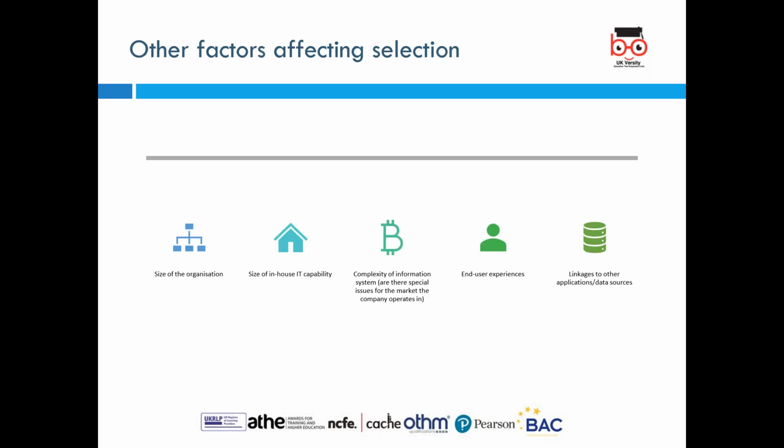So other factors that might affect the choice could be the size of the organization, depending on whether it's a small, medium, or enterprise business. Size of in-house IT capability, so the infrastructure also has to be taken into consideration. Complexity of the information system, depending on how hard the project is going to be, and end user experience and linkage to other applications and data sources.